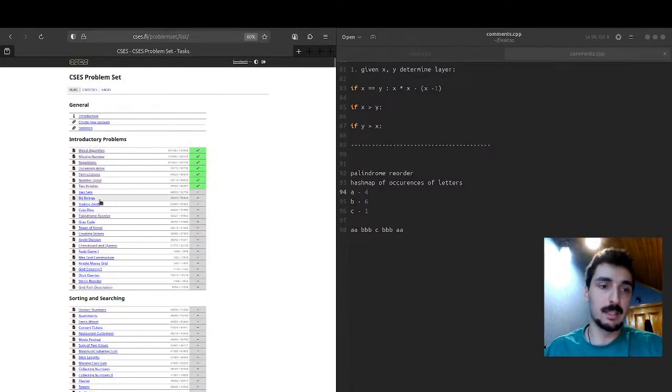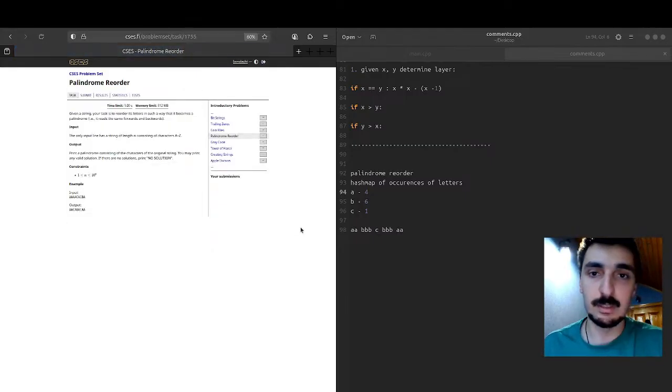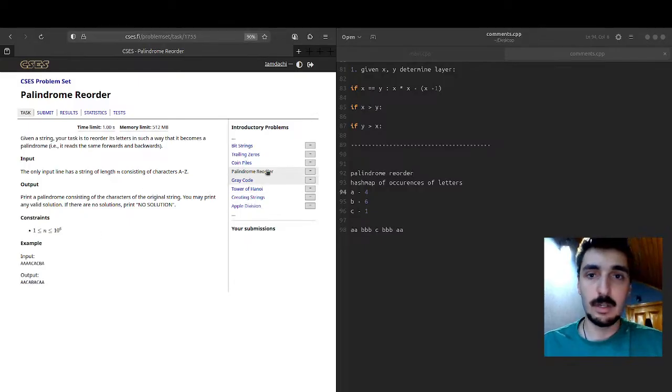Yeah, let's just do the palindrome reorder because it's an easy problem and we should do it. All right.